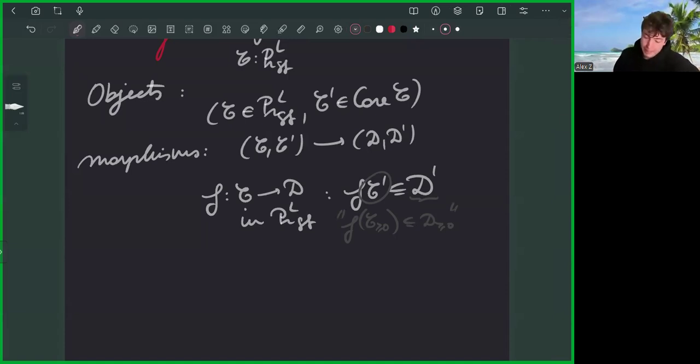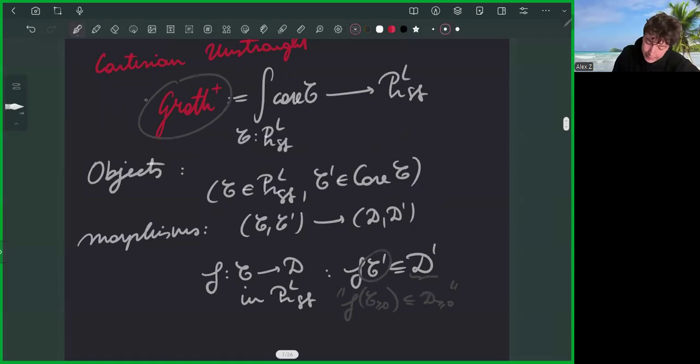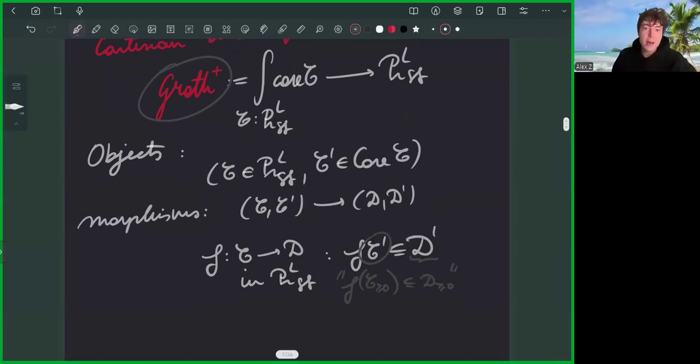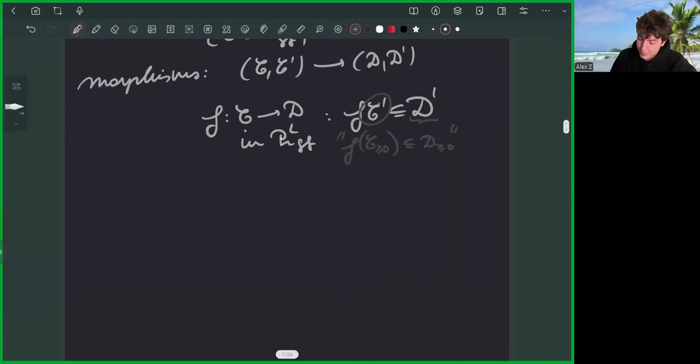So in this category, the objects are pairs where you really keep track of the connective part of your t-structure. That's the idea of Groth plus. But again, we already said that just keeping track of the connective part of the t-structure and functors that are right t-exact, which is really what right t-exactness means, doesn't do it, because we want to allow for functors that are not only right t-exact, but right t-exact up to shifts.